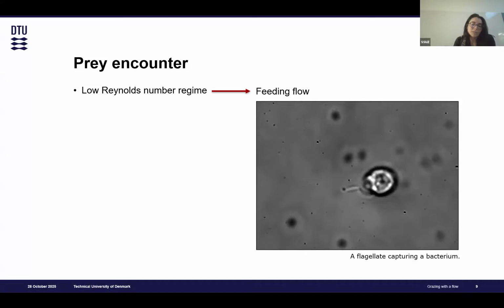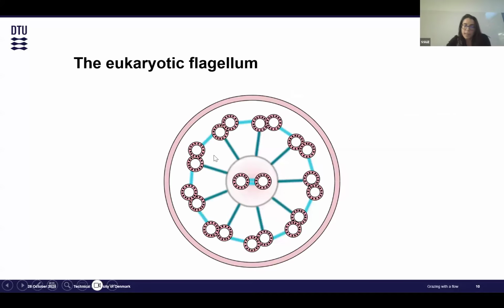So this is hence the title of this talk. We're going to be talking mainly about the different ways in which these organisms generate these flows. And these flows are generated by their flagella.